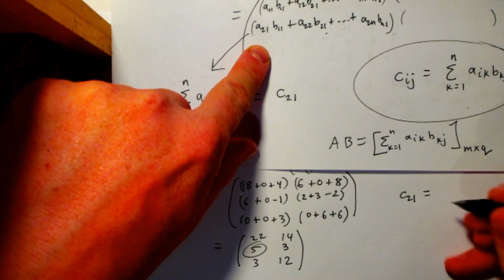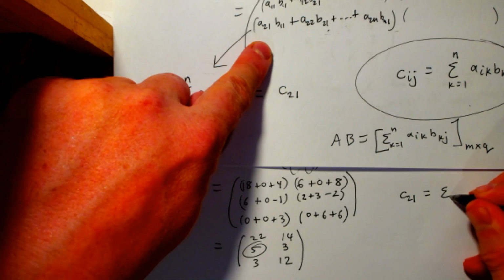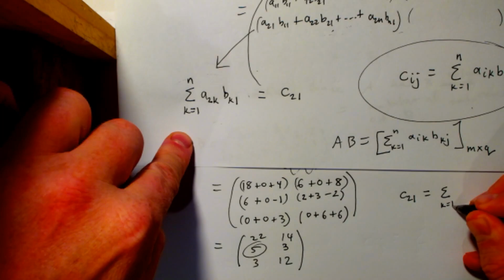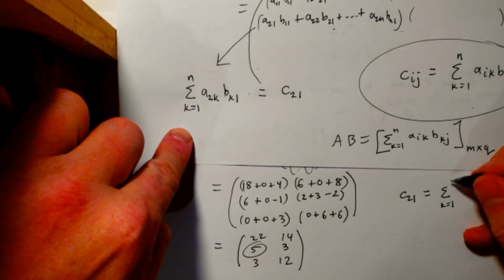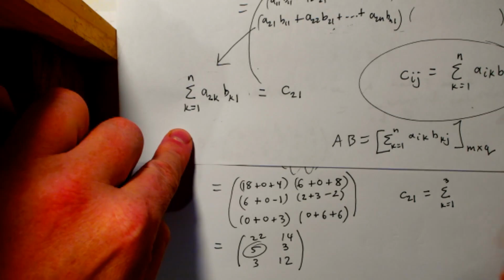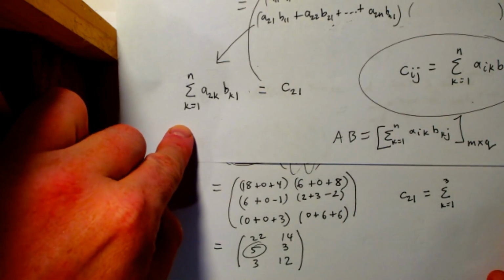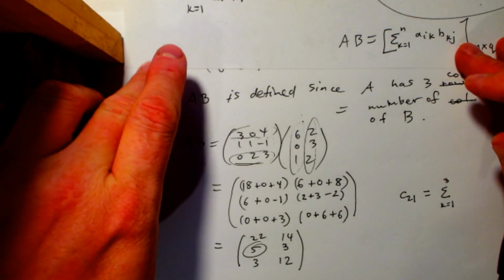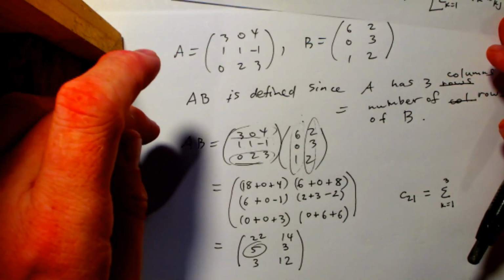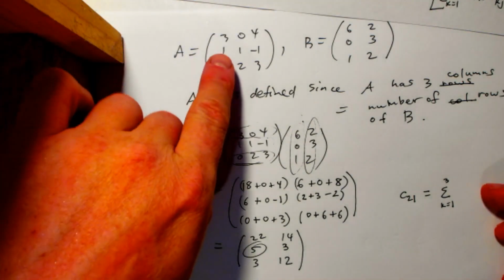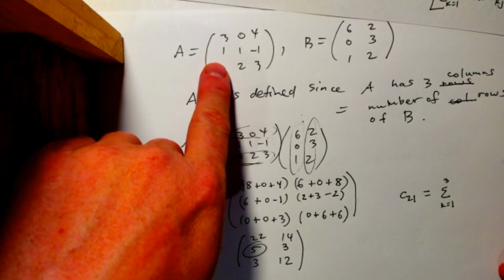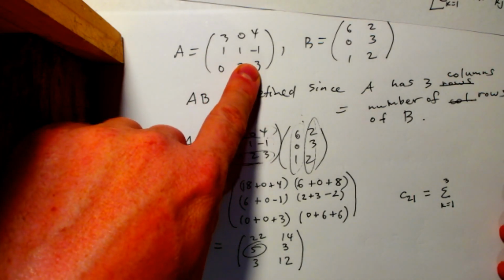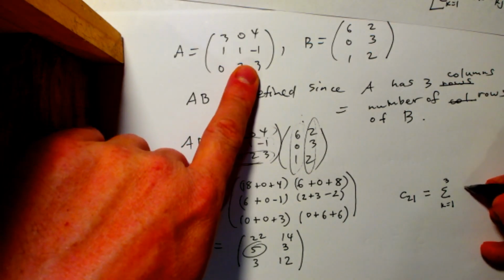So that would be the sum, from k equals 1 up to 3, of, let's see, that would be the second row times the first column, right? That's right.